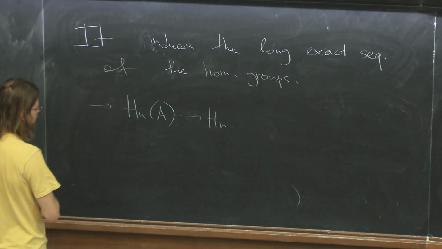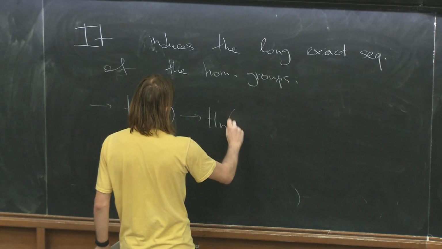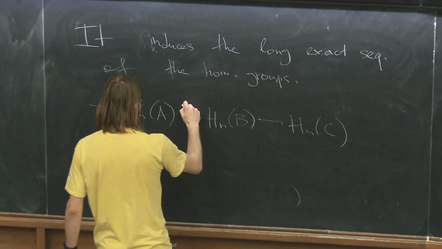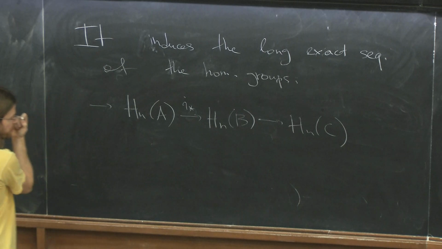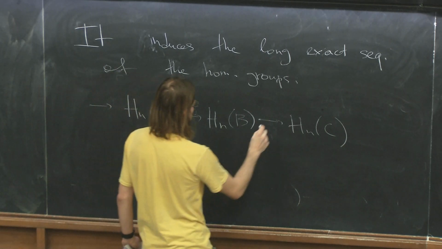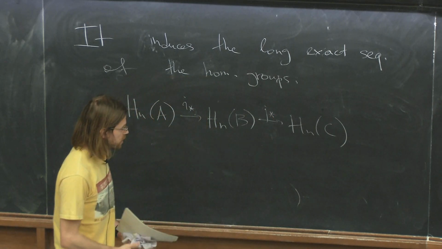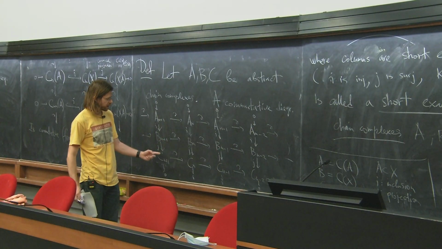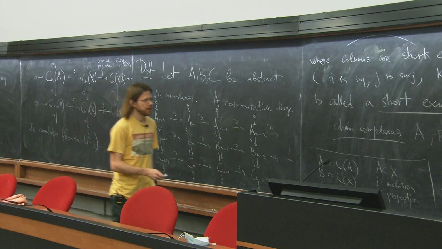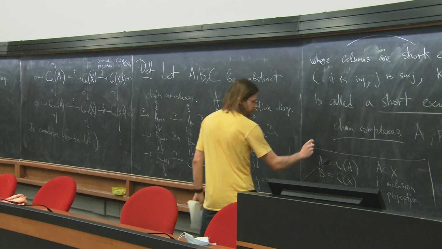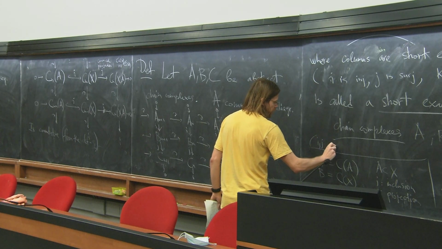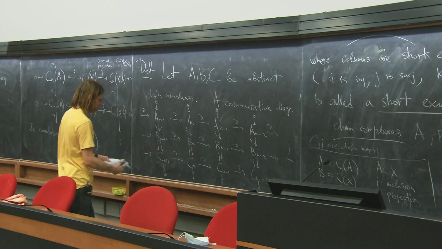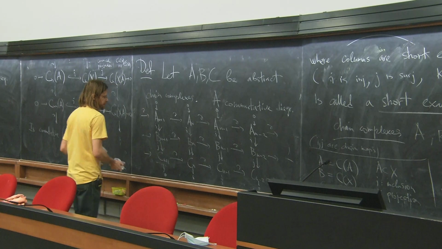So at some point, you have the nth homology group of A, then the nth homology group of B, then the nth homology group of C, and this will be a map induced by our I, and a map induced by J. Of course, from the fact that this is commutative, it automatically follows that I and J are both chain maps, because for a chain map we just need to show that the diagram is commutative, which will be automatic.